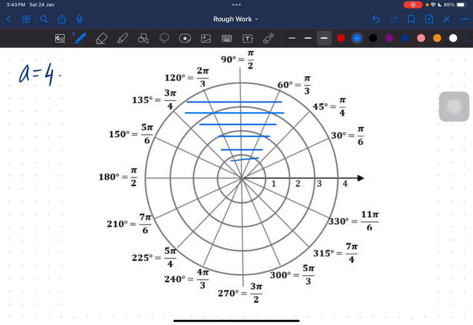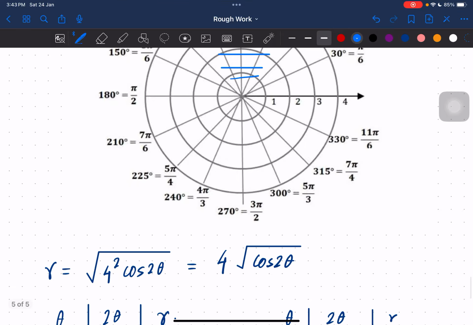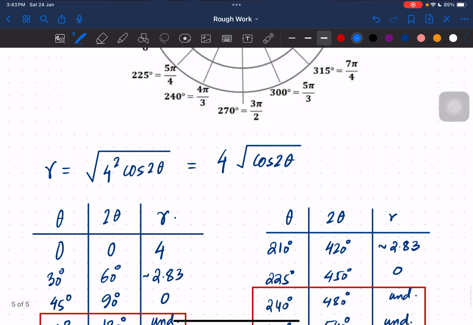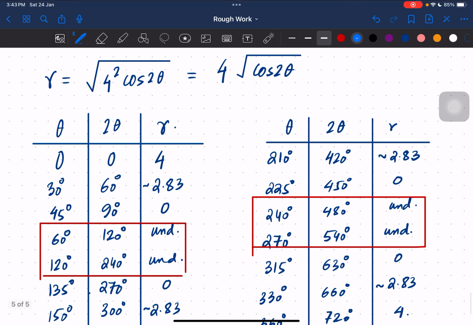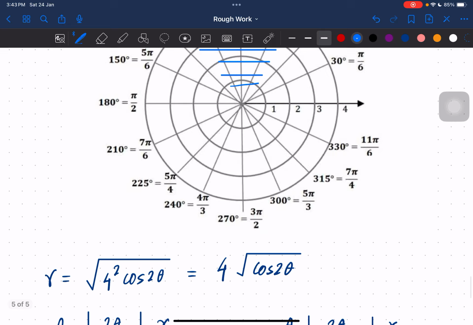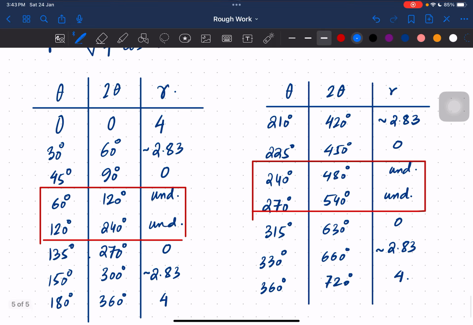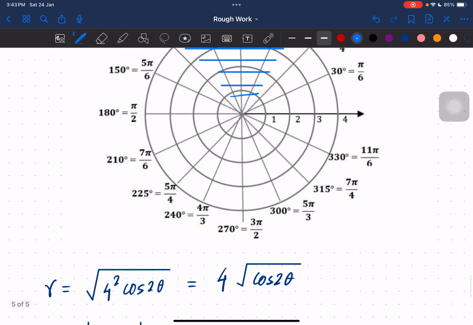Similarly, on the other side of the x-axis, opposite here, you will also not get the values. At 225 it is 0, and again it is 0 at 315. So this region, 225 up to 315, you will not get any values.